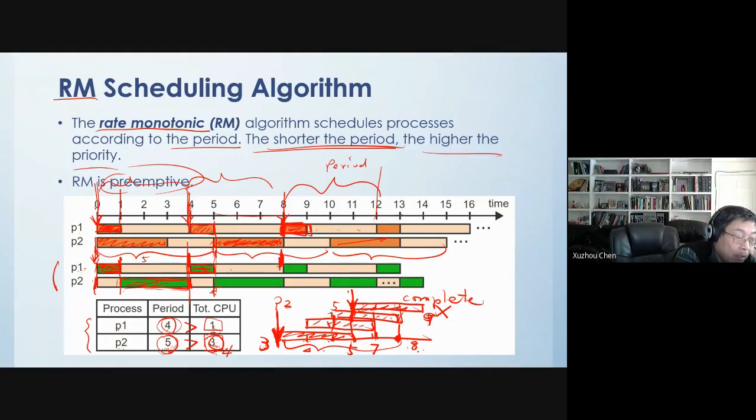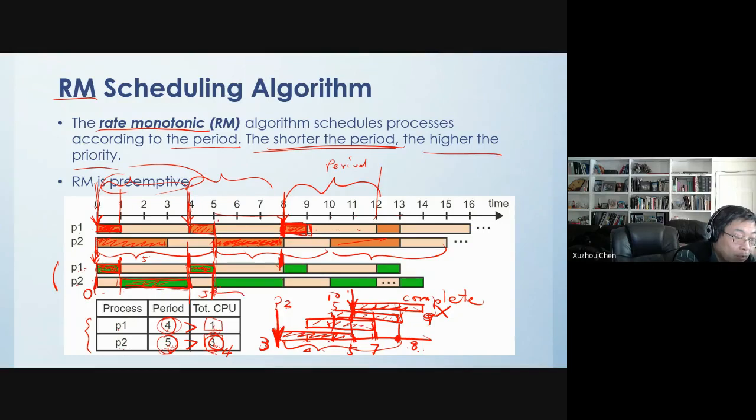That's okay. However, right after process 1 finishes the execution at time 5, it's the beginning of the next period for process 2, right? Because from 0 to 5 is period 1 for process 2, and period 2 is 5 to 10.